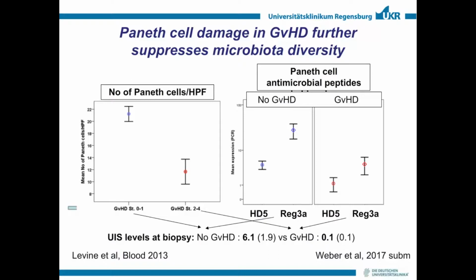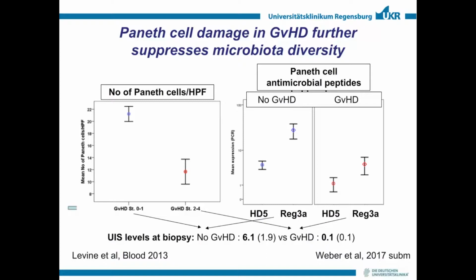Here you can see the number of Paneth cells in biopsies from patients without GVHD and with severe GVHD, and you see the strong decrease of Paneth cells, and we have now tested the antimicrobial peptides in the biopsies, alpha-defensin 5 and 6, and also REG3 alpha. Here are patients without GVHD and patients with GVHD, and you see that both antimicrobial peptides are going down, which is in accordance with the loss of Paneth cells.